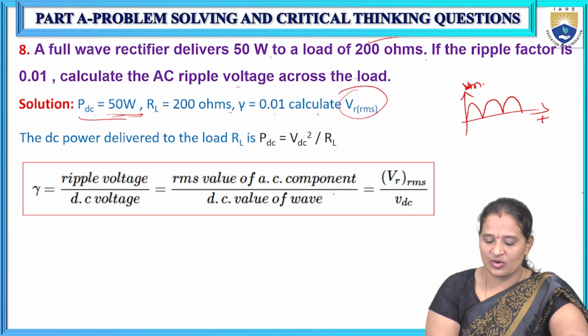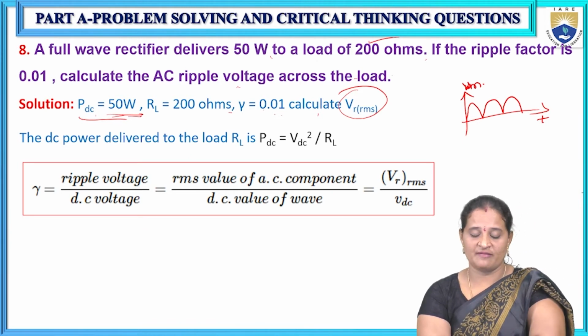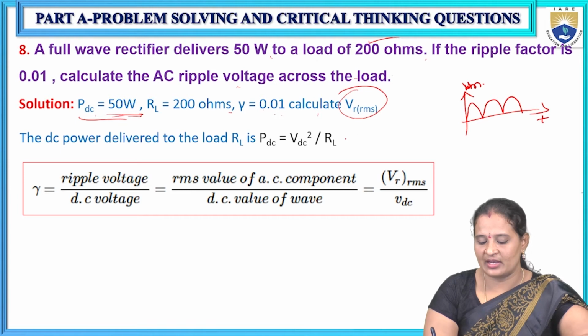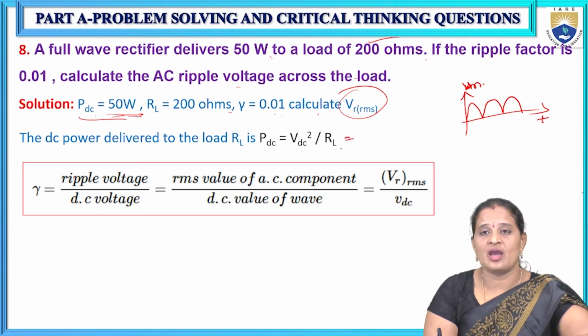The formula for PDC is VDC square by RL, the power delivered to the load, like V square by R. So we have to find the VDC value from this.